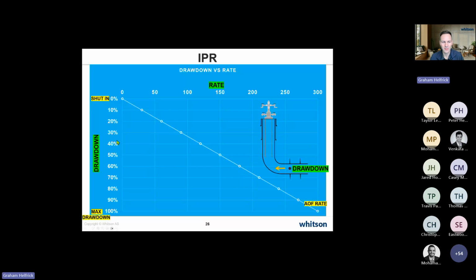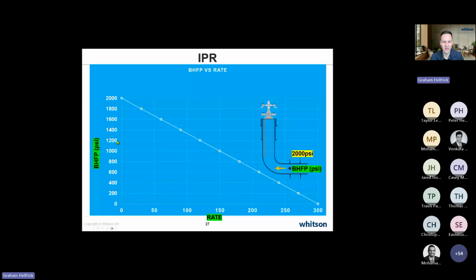Now, we don't always talk about it in terms of drawdown. We might talk in terms of what is the flowing bottom hole pressure. And when I say flowing bottom hole pressure, I mean, what is the pressure down here kind of at the perforations, right, in the wellbore? We might have a very high reservoir pressure out here, but it's the lower pressure down here in the perforations that's causing a delta P across the sand face, and it's that delta P that's causing flow to happen, right?